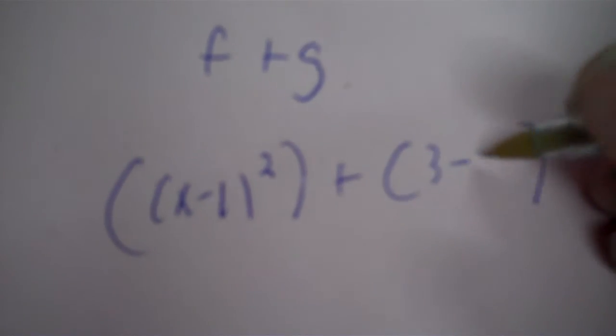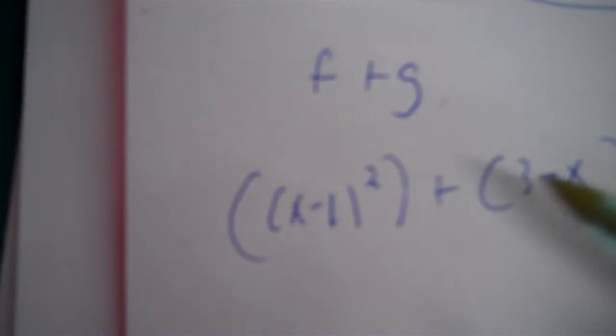So first we have to find what f plus g is. Okay, so you're going to make a parentheses for the f and a parentheses for the g. So inside the f you're going to put that quantity x minus 1 to the second power. And then in for the g you're going to put 3 minus x. Now you have to get rid of that second power outside the quantity.